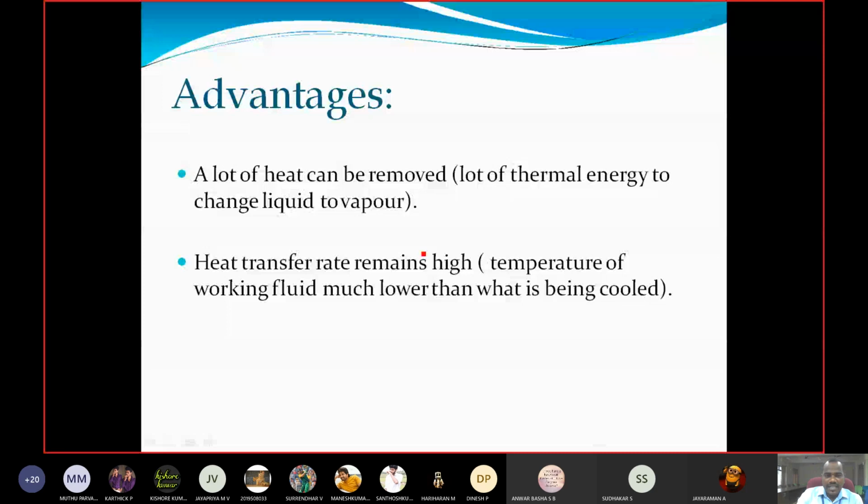The advantage of this VCR is that a lot of heat can be removed. A lot of thermal energy to change liquid to vapor is possible. Because of that, we can remove a lot of heat from the system. Then the heat transfer rate remains high. So in this VCR system, because of that, we are going with it. The temperature of the working fluid is much lower than what is being cooled. So the refrigerant used in this VCR will give you a high heat transfer rate.